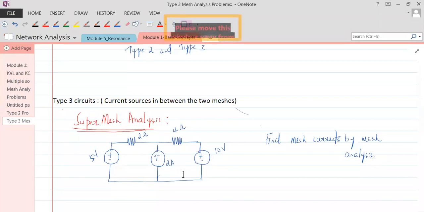You have two meshes, and if you have a current source between them, then those two meshes are combined into one super mesh.